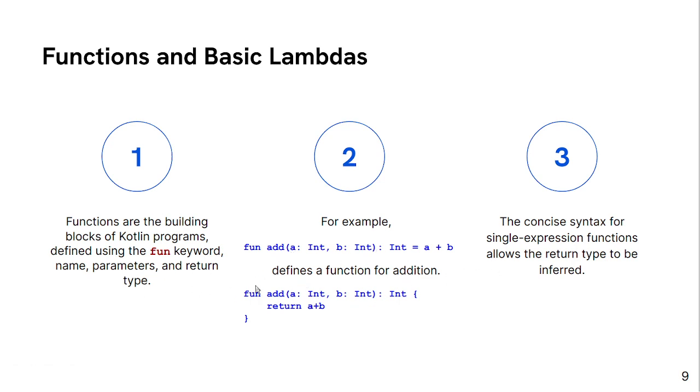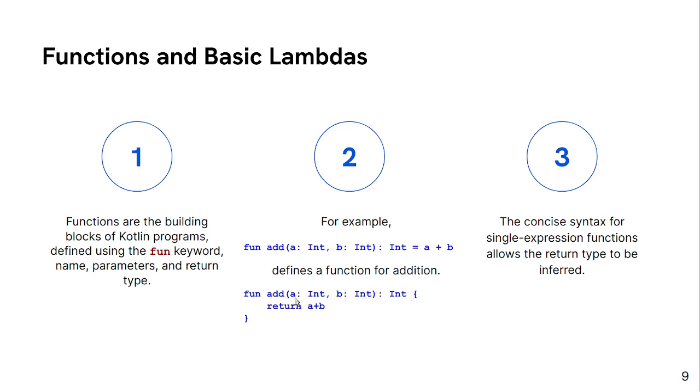So the lower part of this slide shows a regular function: the keyword fun, the function name add, the list of parameters. So identifier, colon, data type, identifier, colon, data type. For the function return type, colon, return type.